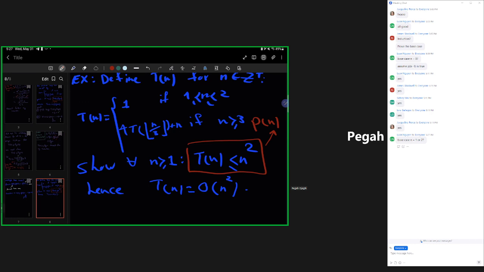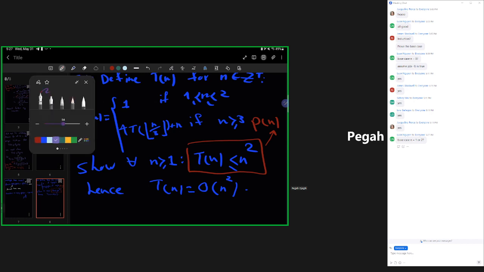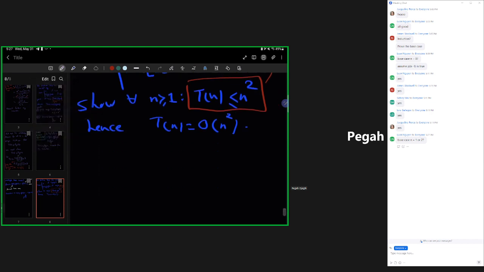Yes, now we have two base cases actually. We don't have only one, we have two. Let's go and write the proof.